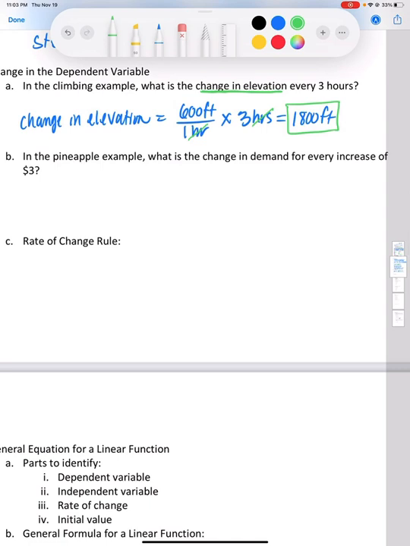So the change in demand for an increase of $3, every increase of $3, could be anywhere on the graph.